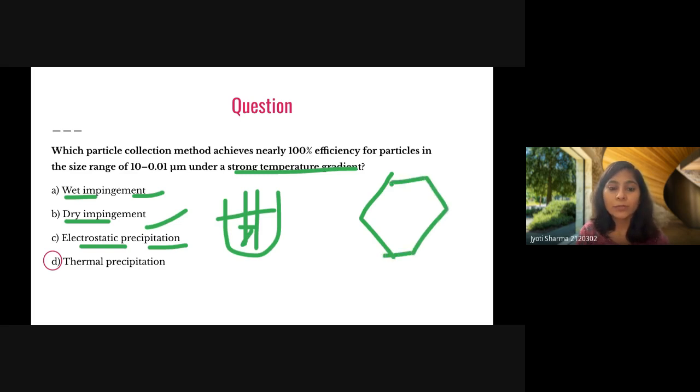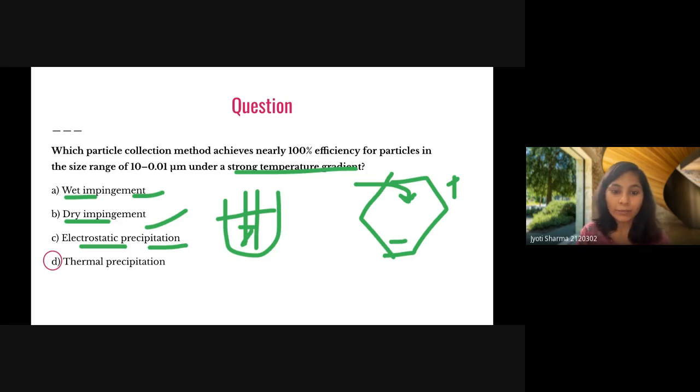What we do is we maintain positive and negative charge in the electrostatic precipitator, and whenever the air comes, it will be positive charge or negative charge. You can read about this, but the thing is there will be different charges.